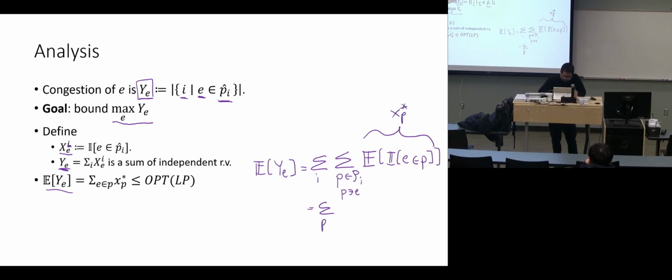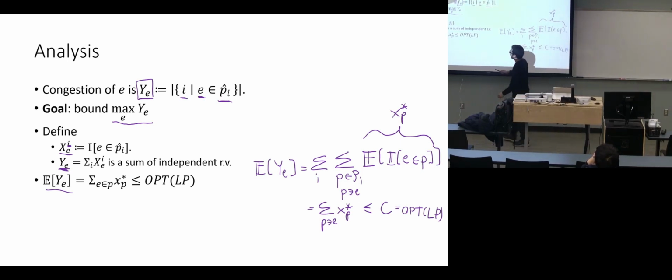So this is just the sum over all paths containing e of x*_P. But this is at most C, which is the opt of the LP. So you have the bound in expectation: this is at most opt of LP.